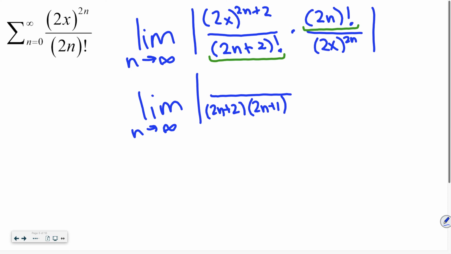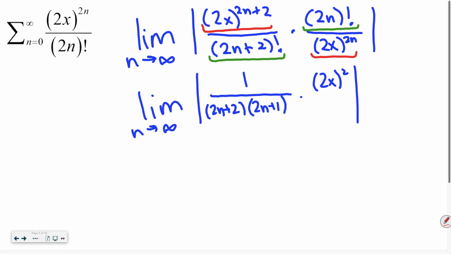So those are all going to cancel out. Then, with the 2x to the powers, we're left with 2x the quantity squared.